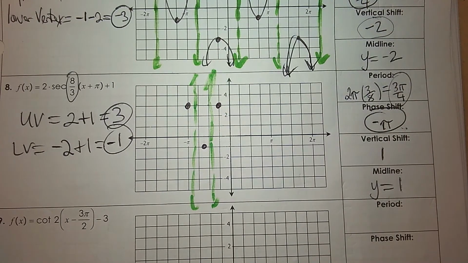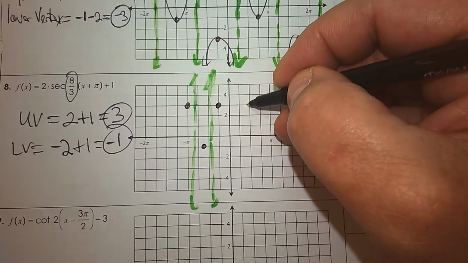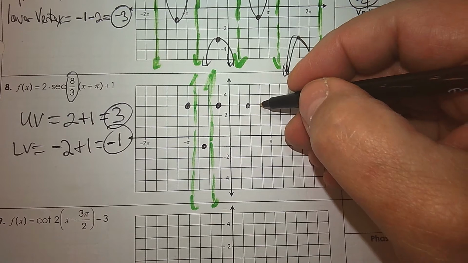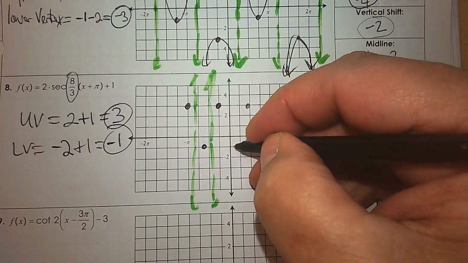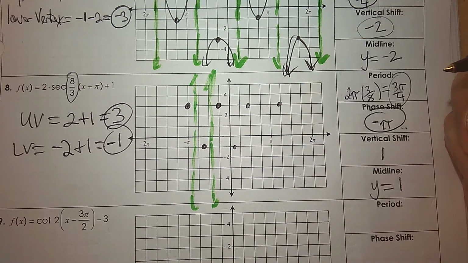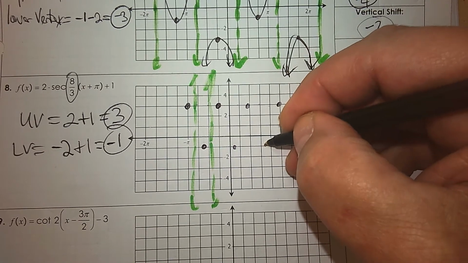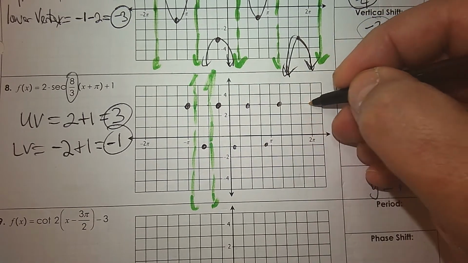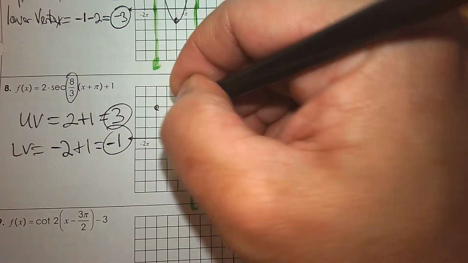That's the pattern we're going to follow. So I'm going to go 1, 2, 3. And then in the middle, at the bottom. So be a good rule follower.